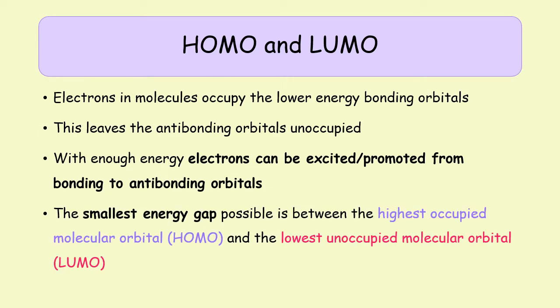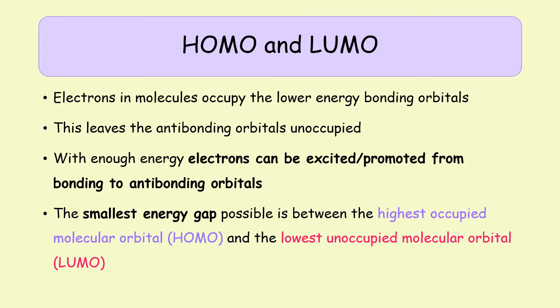Now, the smallest energy gap between molecular orbitals within a molecule is between the highest occupied molecular orbital, what we call the HOMO. That's where the electrons are starting. They are in the highest occupied molecular orbital. And with enough energy, they can be promoted, excited to the lowest unoccupied molecular orbital, the LUMO.